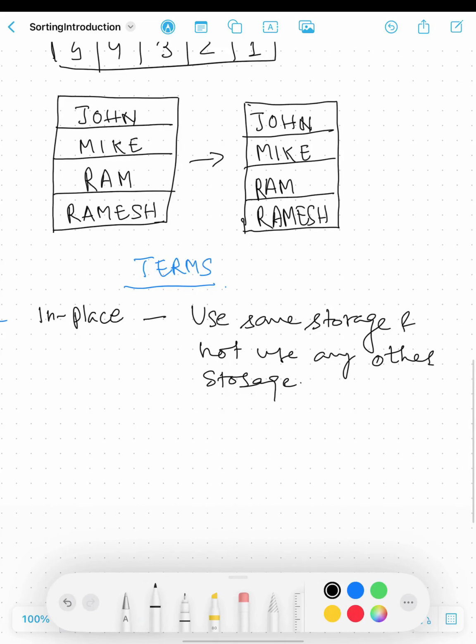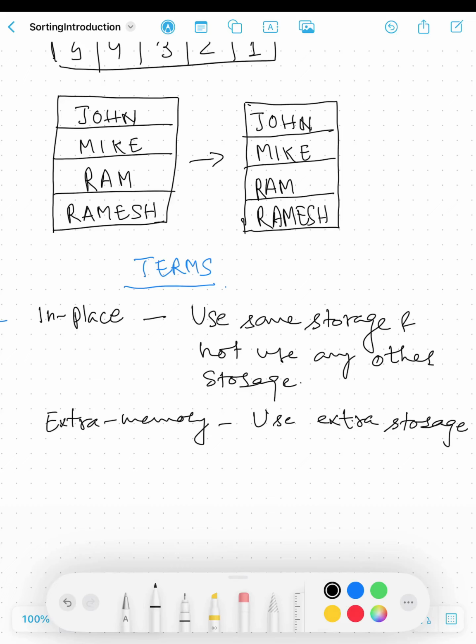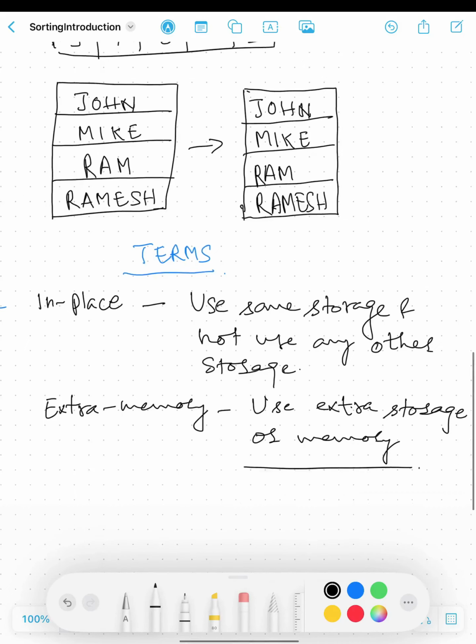Okay. Now the opposite of this is taking extra memory, which means using extra storage memory.